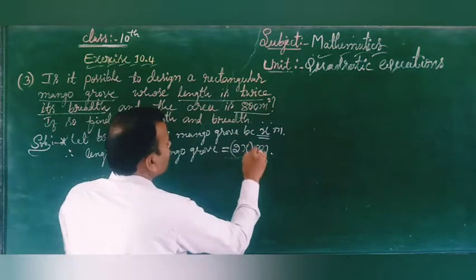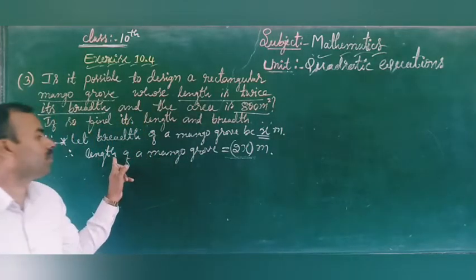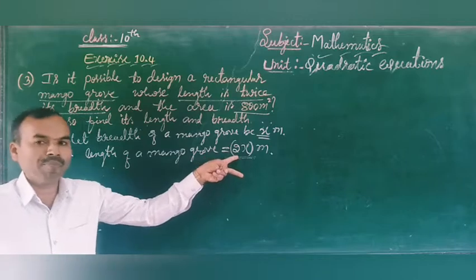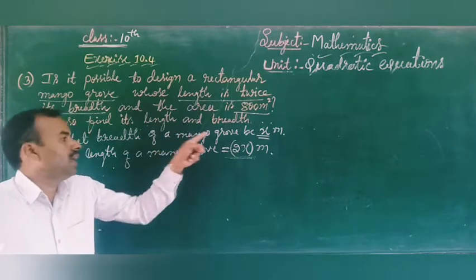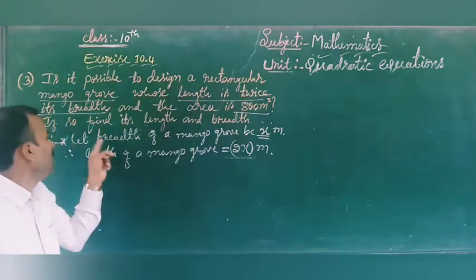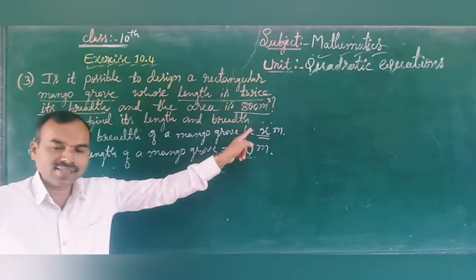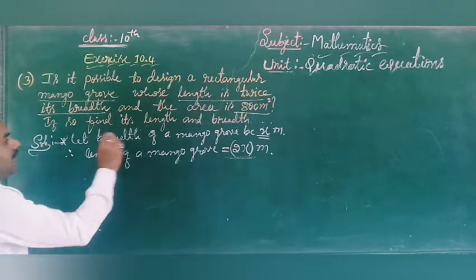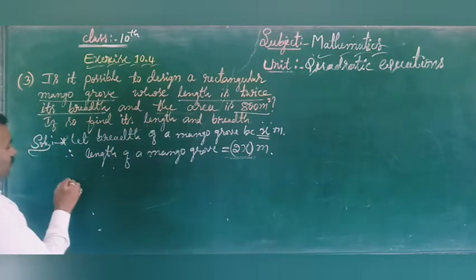According to the question, the length of the mango grove is twice the breadth. Here we have taken the breadth as x, so the length equals 2x.